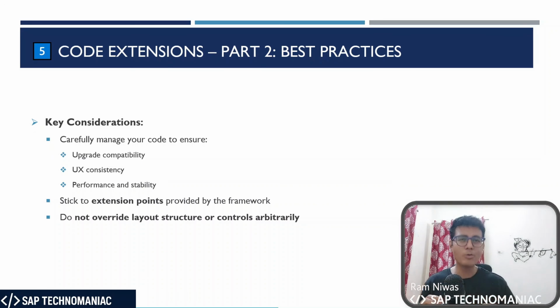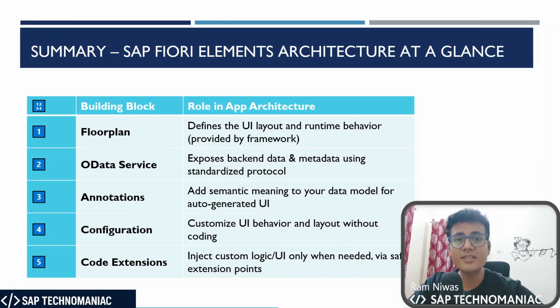I have not worked that much on the JavaScript and UI extension side, but I have proper knowledge. I did a lot of things, but not extensively, but I will try to explain. So these are all 5 building blocks. Let's summarize the 5 building blocks we have discussed today. First is the Floorplan, which defines the UI layout and how your UI layout will behave.